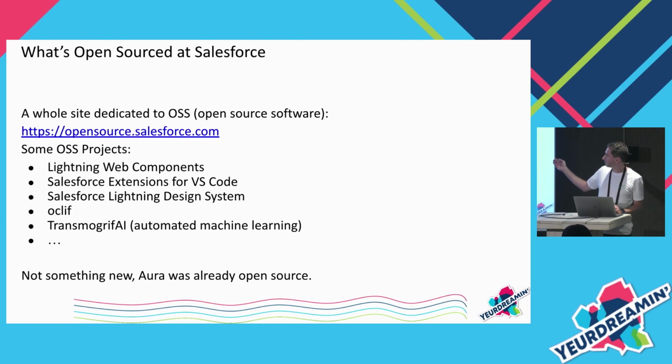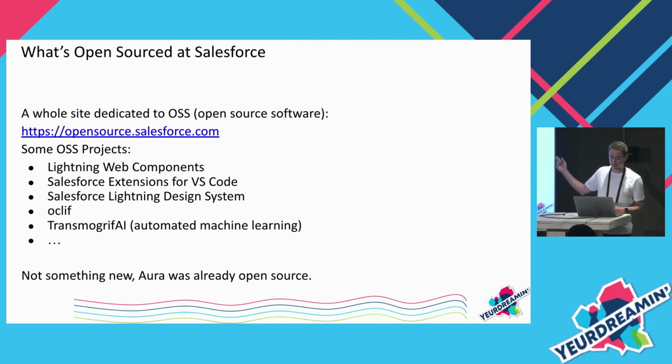LWC and extensions for VS Code are really developed in the open, so you can go to the GitHub repo of LWC, and you can see developers talking to each other, doing pull requests, implementing new stuff. Whereas SLDS is more like what is done with Android. They are developing stuff internally, and after there is a new release, they publish the new version. So you get the latest version of the code that is open source. You just don't see the development process.